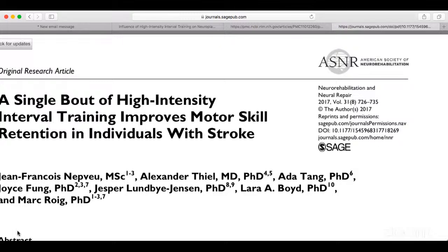It's in the WhatsApp group. Please, the article is in the WhatsApp group.